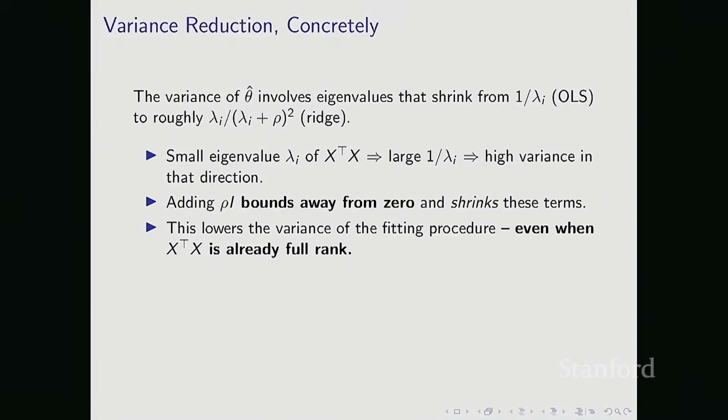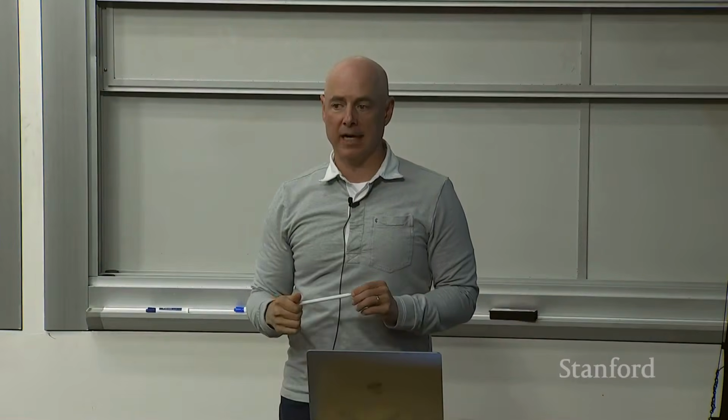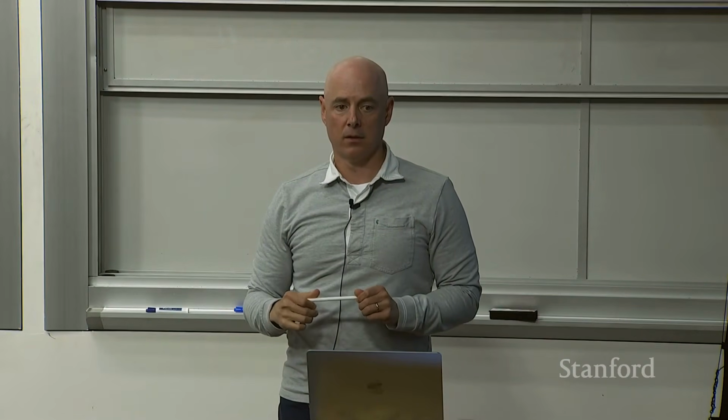Okay. So this behavior, just to be clear, lowers the variance even when X^T X is full rank. Why does that happen? What is the variance a function of here? If you have eigenvalues that are all the same in case 1, and in the other case you have a really large eigenvalue and a really small eigenvalue, which one is going to have proportionally higher or lower variance, do you think?